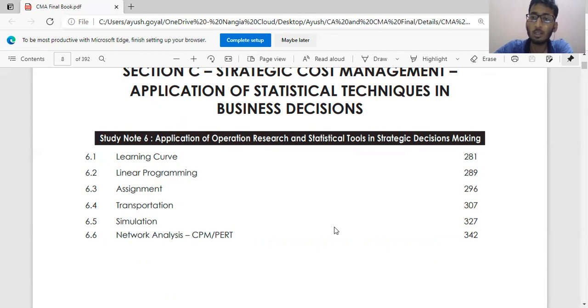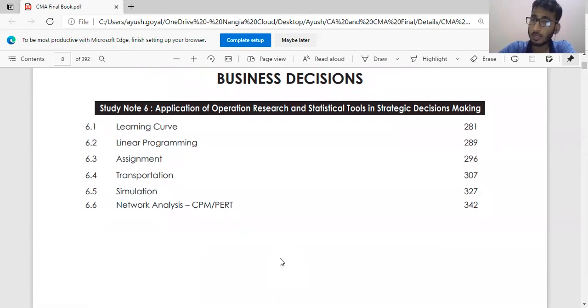You can make your grip stronger on some topics, and there might be topics on which you have that level of grip that you cannot make any mistake. That is perfect, but you cannot afford leaving anything in the exam. This is my suggestion: don't leave anything for the exam. Just complete the syllabus in full.